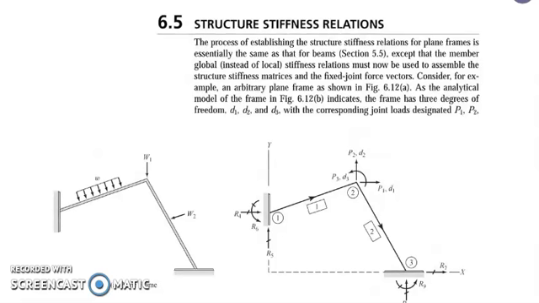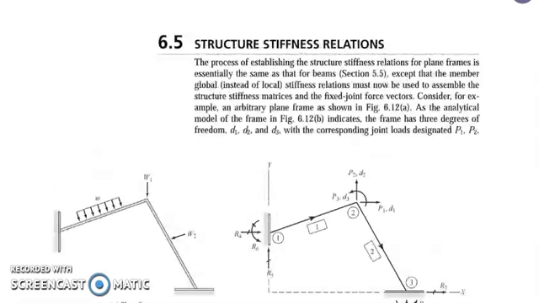Now we move on to structure stiffness relation. So we're going to establish the structure stiffness relation for plane frame. So this is essentially the same as that for our previous discussion.